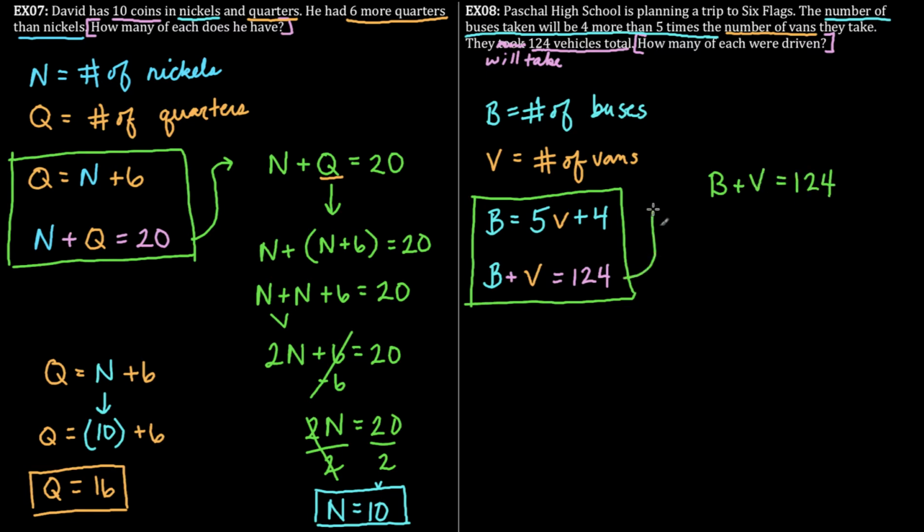I like to take the total one. You could make this one say b equals and then plug it in there, or make this one say v equals and plug it in there. There's lots of different methods of doing this. I'm just showing you the way that I think is the most efficient for these types of problems. So v was orange.